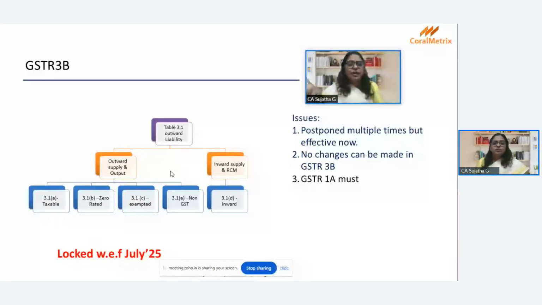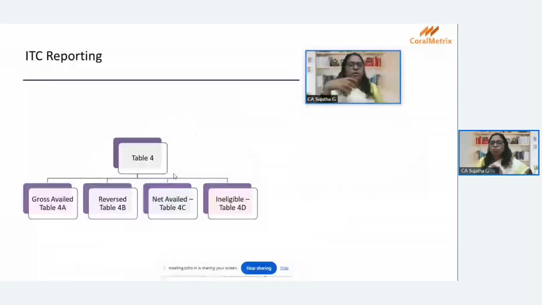So now let's move on to input tax credit reporting. When it comes to input tax credit reporting, table 4 is very important.